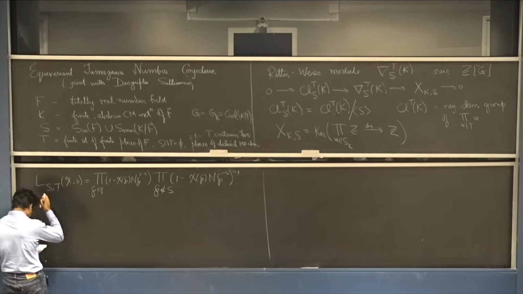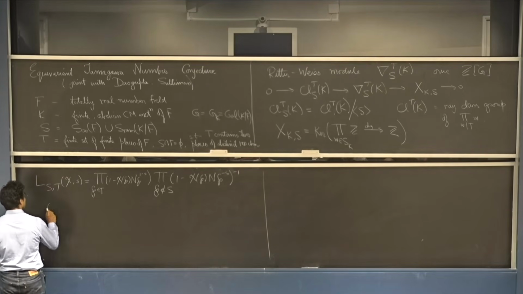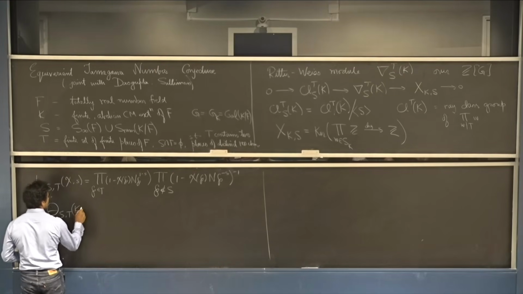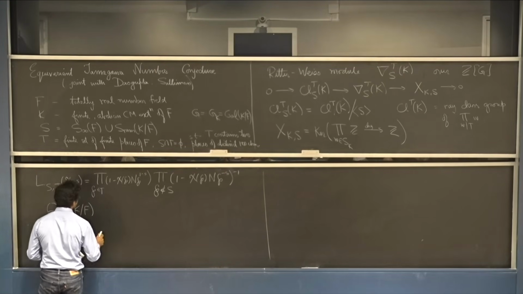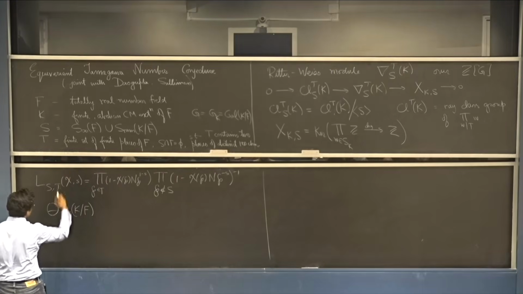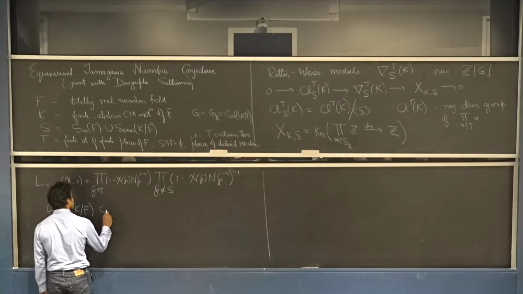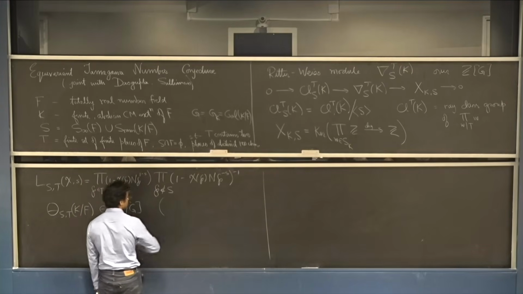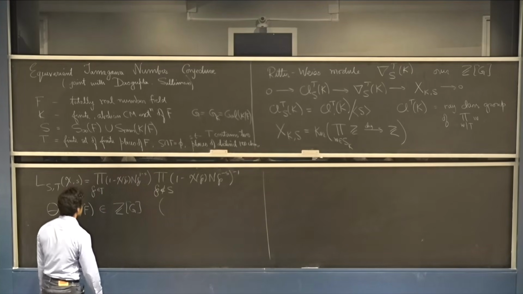And then theta_{S,T}(K/F) is an element in Z[G] because of the condition that I have on T. This is the Deligne-Ribet-Cassou-Nogues theorem.